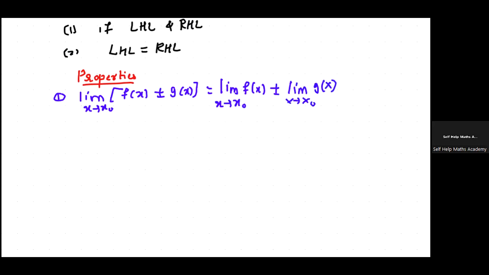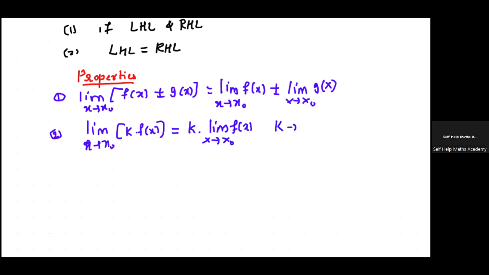And the second property says, if I have the limit as x is tending to x naught of k into f of x, where you have any constant and then a given function, we can write it as k into the limit of f of x as x is tending to x naught, where k is any constant. Okay.